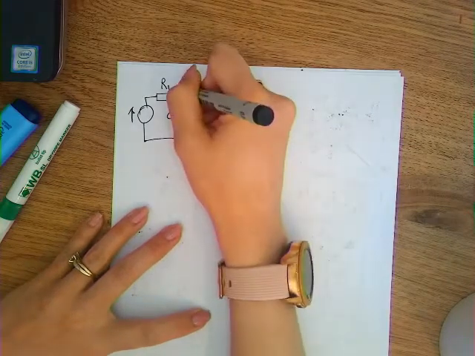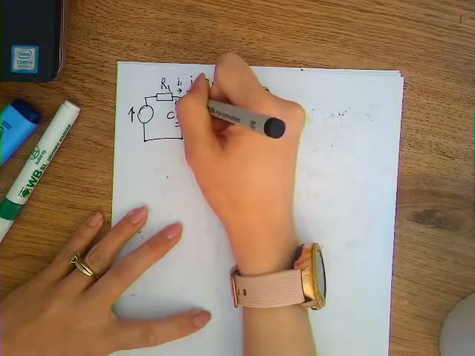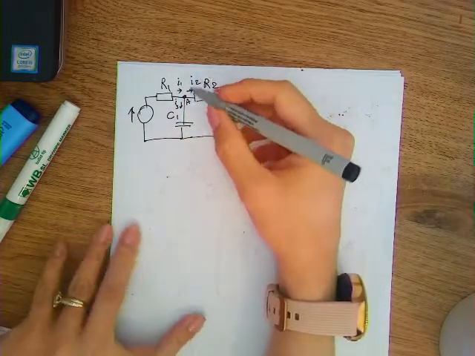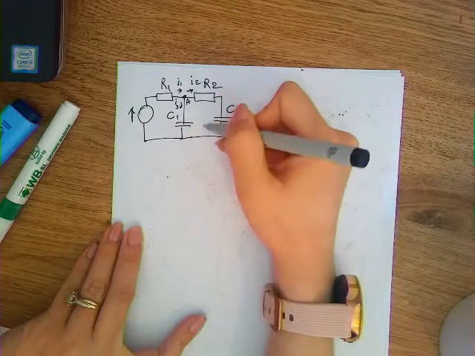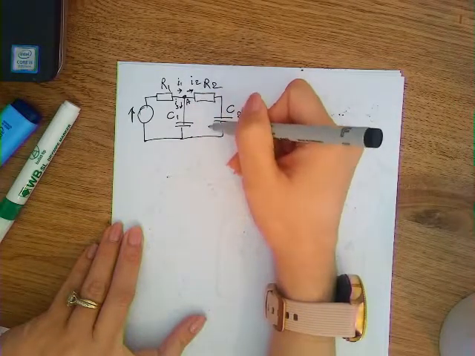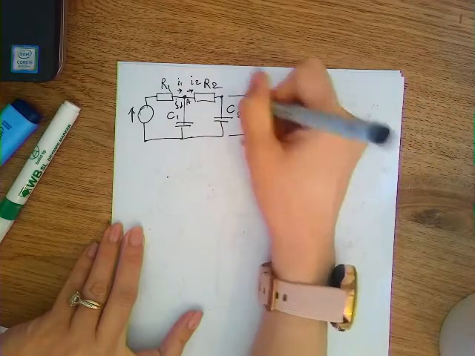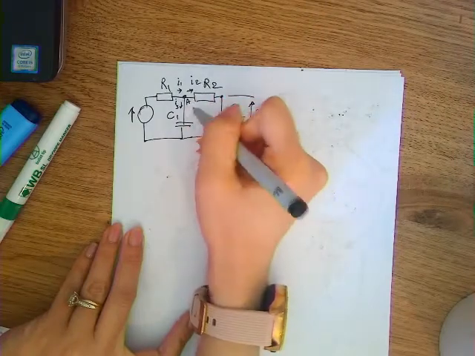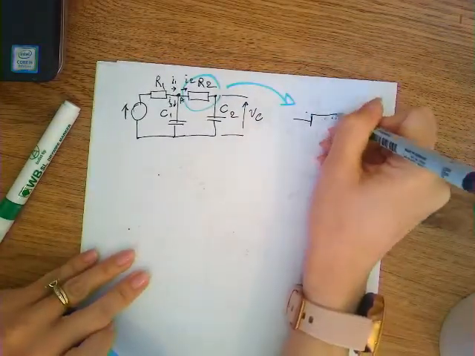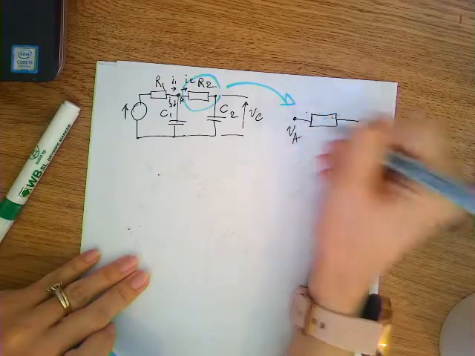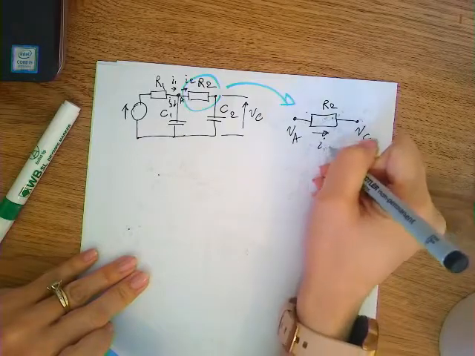The current that is flowing here was I1, and this one was I2, here was I3, and this is my point A. Now if we look at the relationship between the potential difference of these points and the current that is flowing through it, if I call this one VC, and I look at this component on its own and take it out, this is VA, this is VC, it is R2, and the current that is flowing through is I2.